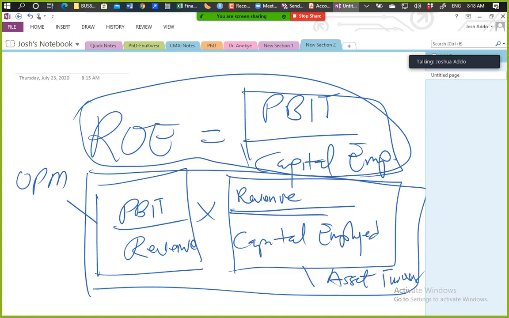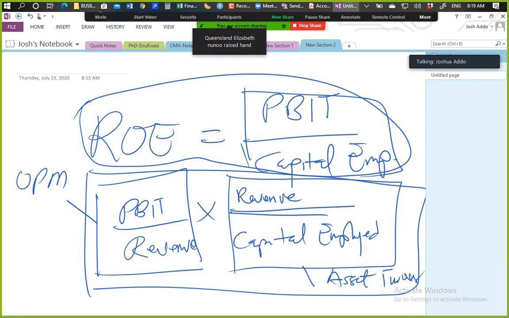Which one are you talking about? I see PBIT and then dash capital employed. Okay. Are you okay now? Yes, I'm okay. Okay, thank you very much.